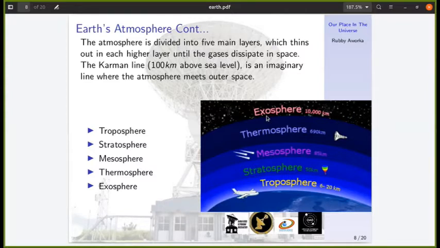There is an imaginary line known as the Kármán line, which is about 100 kilometers above sea level, and it is believed that within this imaginary line, the atmosphere meets the outer space. So when you are above this line, you are known as an astronaut. So let us go on with the layers of the atmosphere.